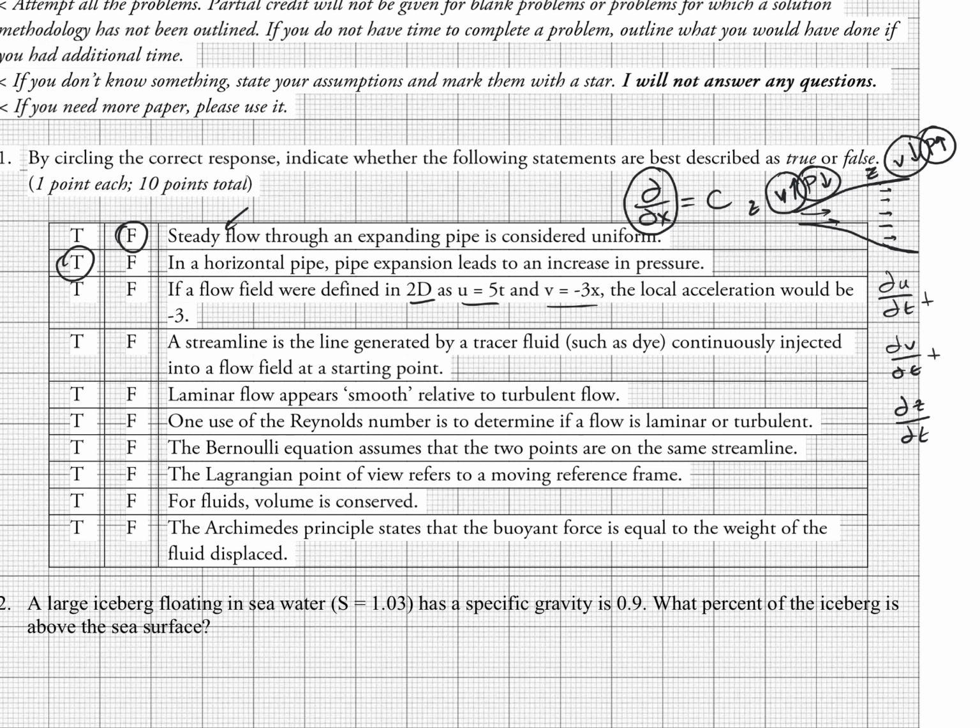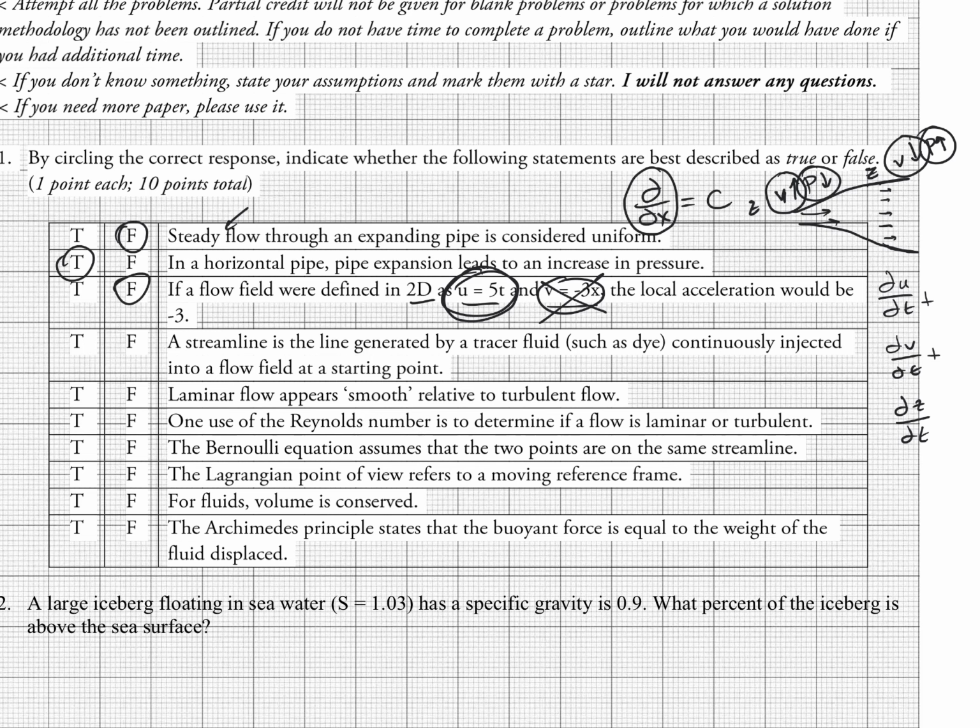Okay, and let's see here. Well, this is not a function of time, so it doesn't matter. This is a function of time. So it looks like the local acceleration here, if I take du dt, I'm going to get 5. So it's not negative 3. So this is going to be false.